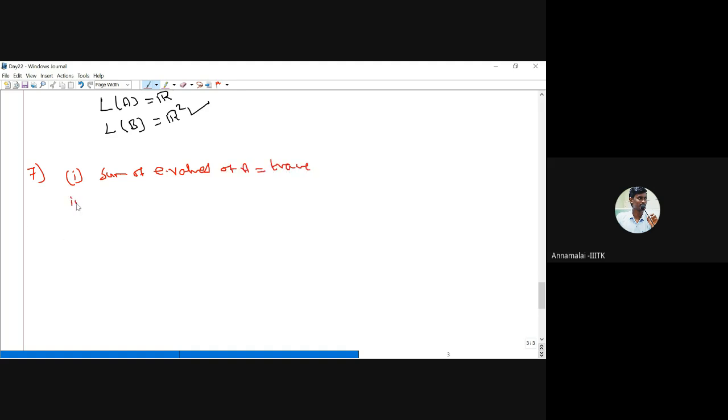Second statement, the product of the eigenvalues of A is nothing but the determinant of A. Third statement, all eigenvalues of A are non-zero if and only if A is non-singular.